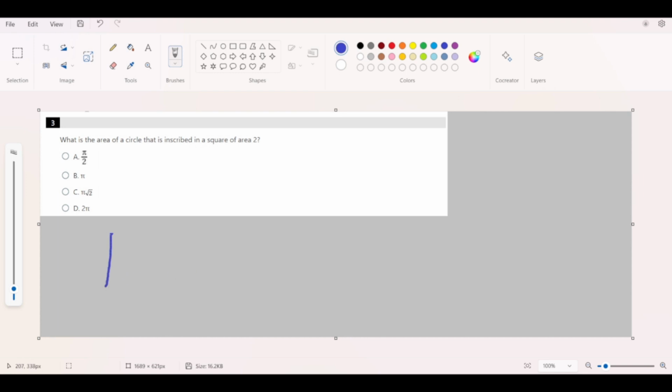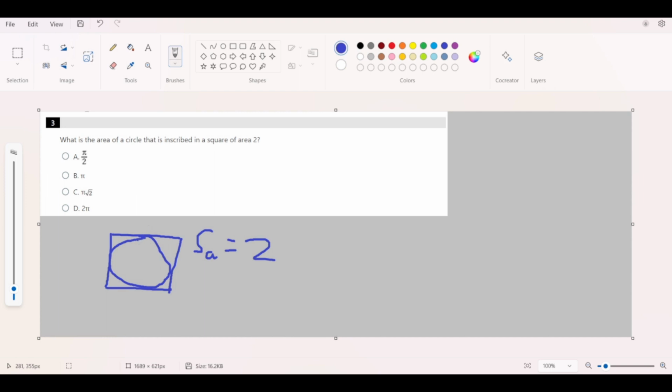So, we have a square with a circle inscribed, which means that there's a circle inside of the square, with the area of 2 being the area of our square. So the square's area, we're going to call square area, is equal to 2. What that means is that this length times this width is going to be equal to 2.